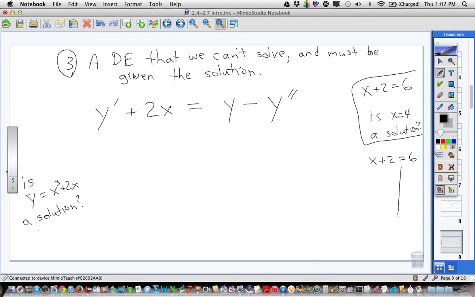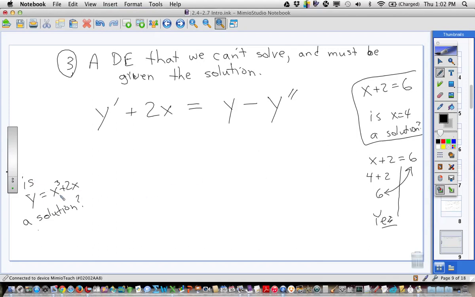Kind of makes a T. They might have made you take that 4 and replace the X and write it out. That's not that strict, I guess, but whatever. They might have made you do this. 4 plus 2 is 6. Oh, okay, yep, 6 matches 6. Yes, it is a solution. Right? And they might make you show that work. All right? Well, we're going to do the same thing here.